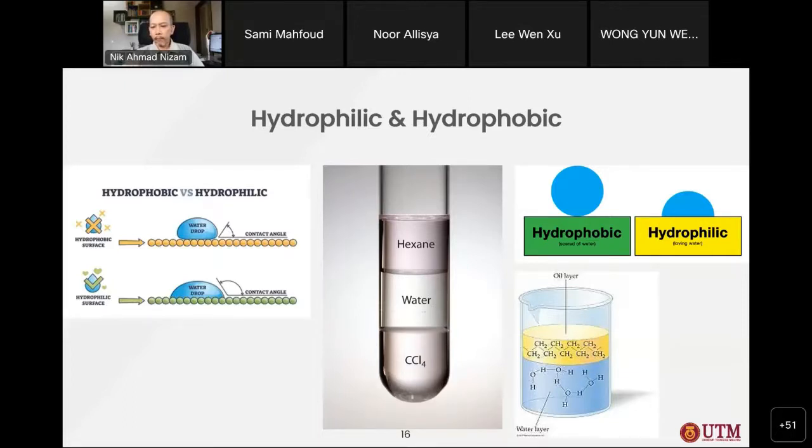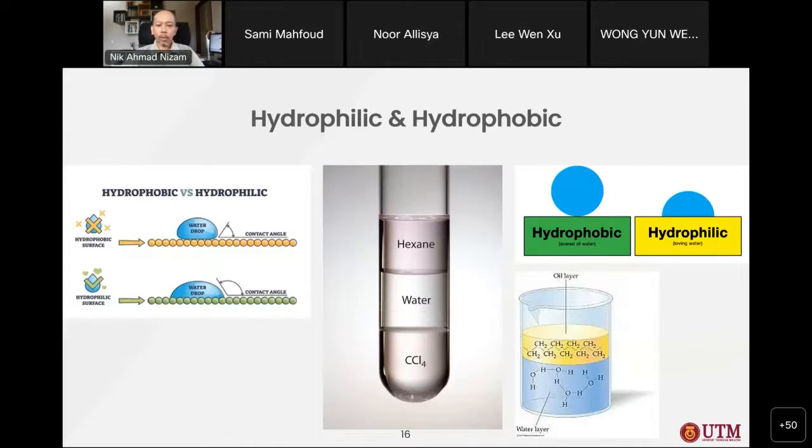Or NaOH, sodium hydroxide, plus hydrochloric acid, will react together and become sodium chloride plus water. So there is a reaction. But when talking about hydrophilic and hydrophobic, it is an interaction, and we can also say an attraction.